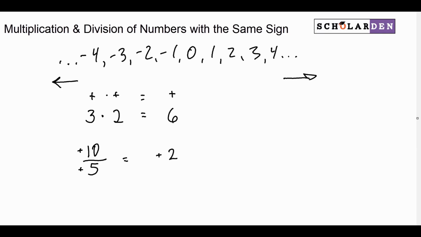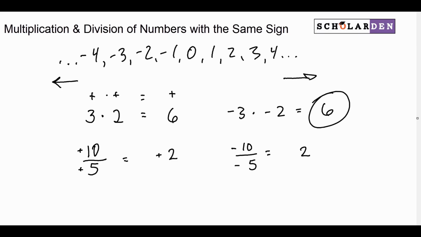Now, it's also true that a negative times a negative turns out to be a positive. So for instance, a -3 times a -2 is also a positive 6. And a -10 divided by a -5 is a positive 2. I'm sometimes putting plus signs and sometimes I'm not, because normally we don't write plus signs, right?